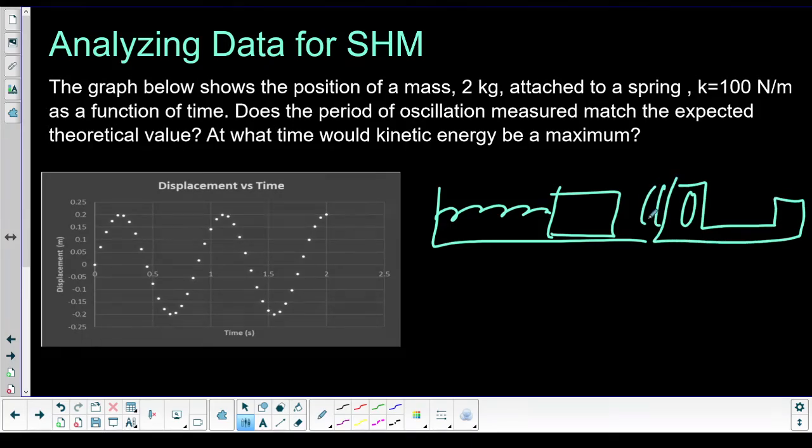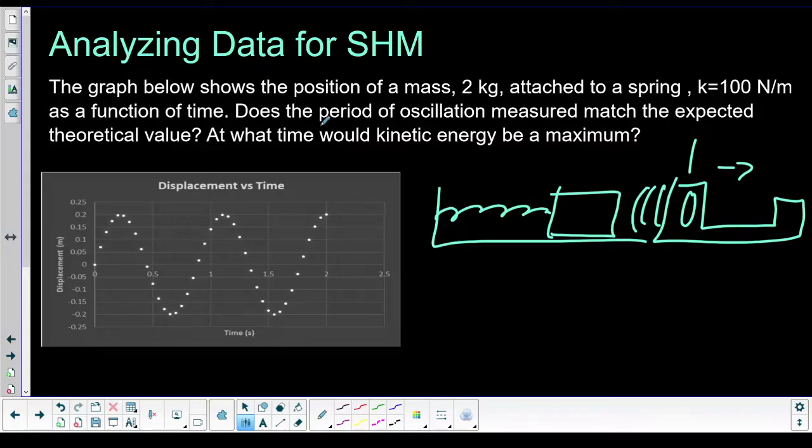And then whoop, whoop, whoop, detect the motion. Here's our graph. This is not what they did because you see how it oscillates around 0. That probably wouldn't happen. It would probably oscillate around like 0.2 or something. Because 0 would be at the motion detector, negative would be over there where it can't sense. So that's not how they did it. Maybe they did some video analysis or something, which is possible. But they got this graph either way.